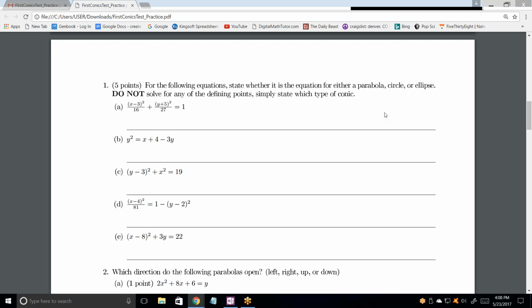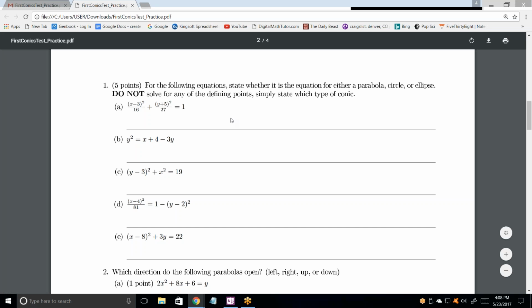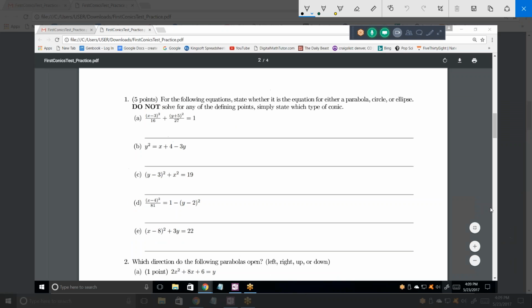You're talking about A? Hold on a second. Yeah, what's A? Is that an ellipse? Yeah. And that's all at once. In other words, it doesn't want you to graph it or solve for any defining points.